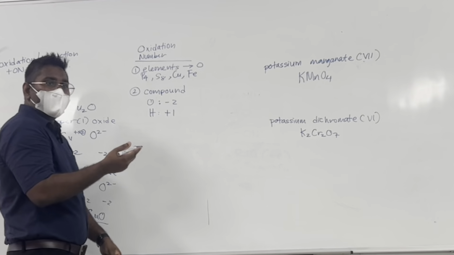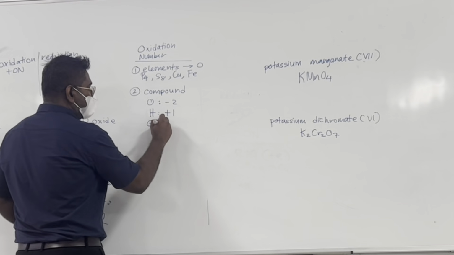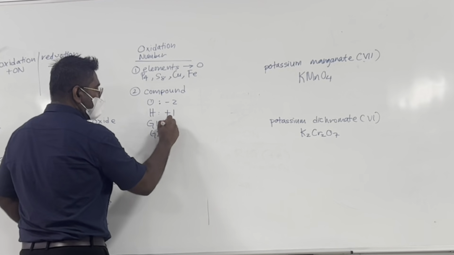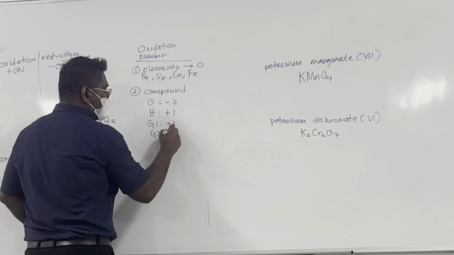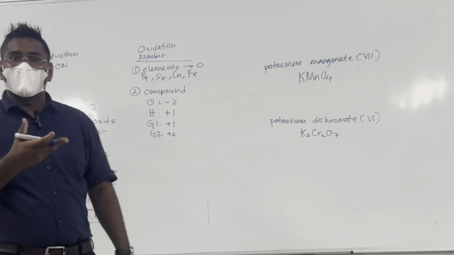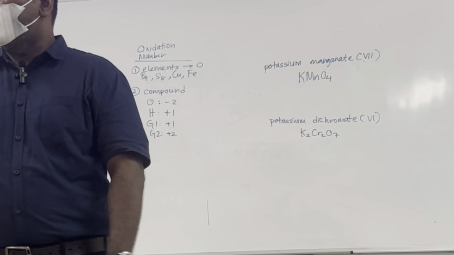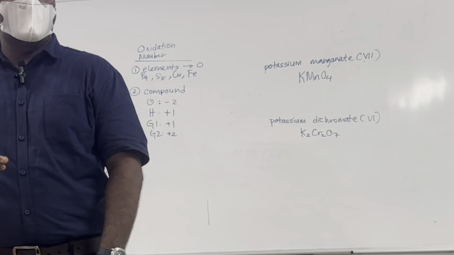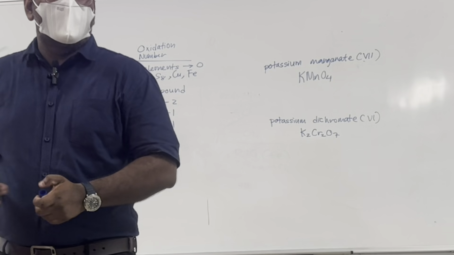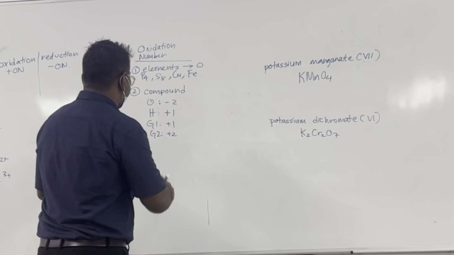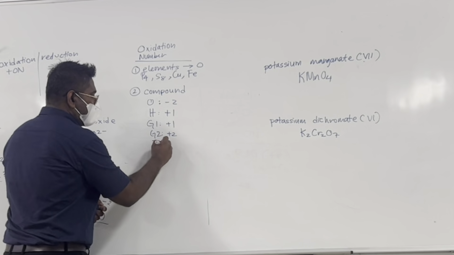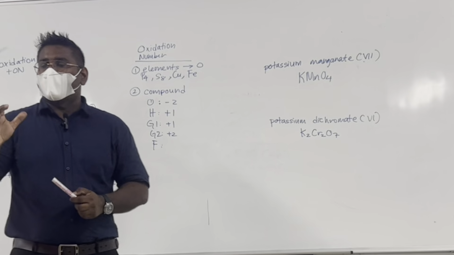Now, in a compound also, group 1 and group 2 follow: it's +1, +2. Group 3 can be +3. Group 17 is generally -1, but not always. The one that is confirmed is fluorine, group 17.